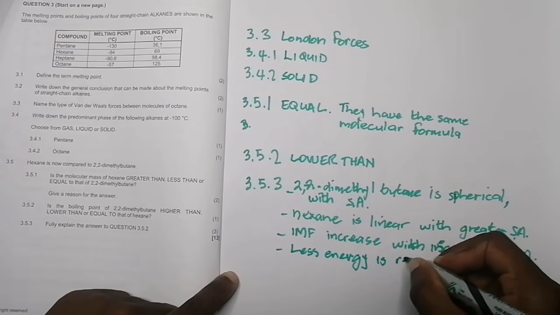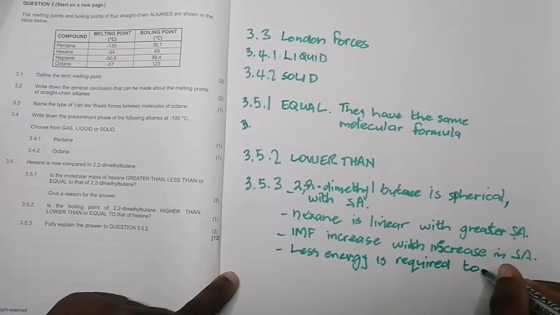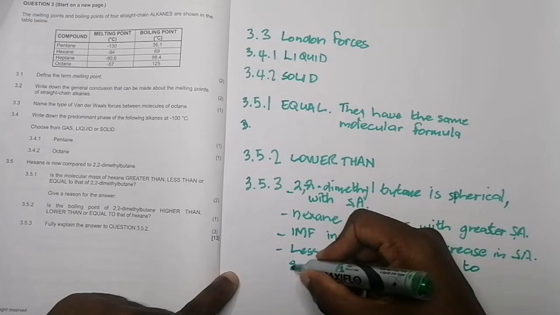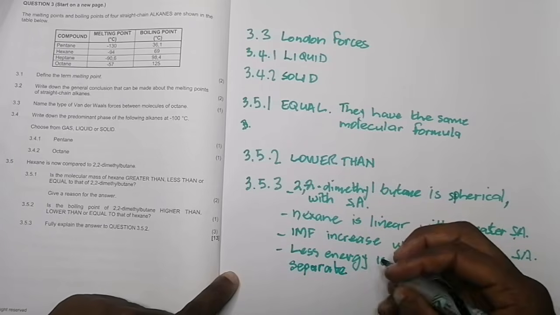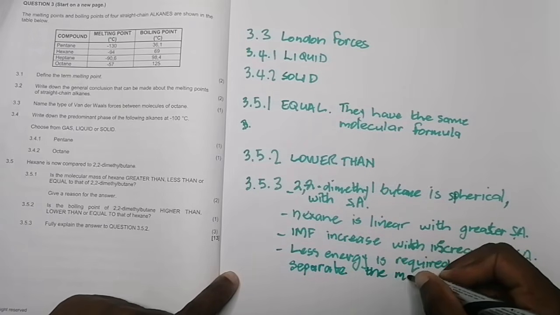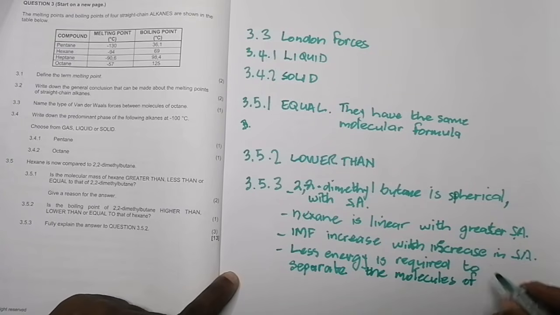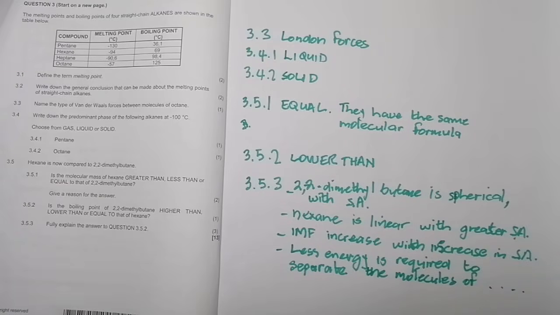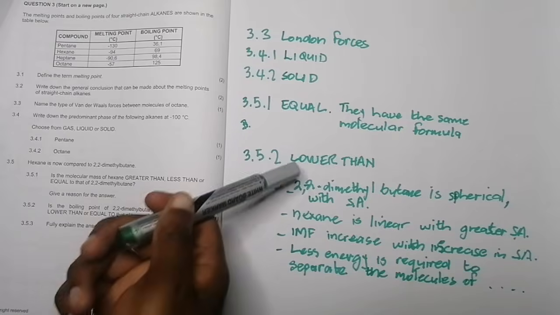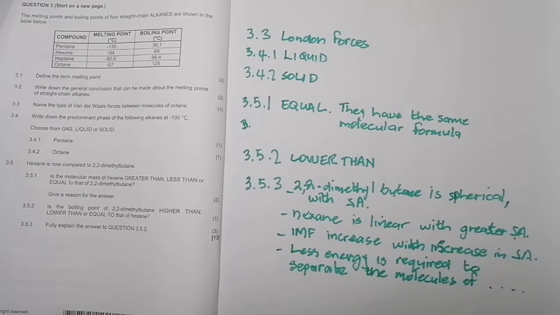Less energy is required to separate, and please remember, it's not to break the bonds, but to separate the molecules of 2,2-dimethyl butane than that of hexane, and as a result, it will result in a lower boiling point. So essentially that is how this cookie crumbles.